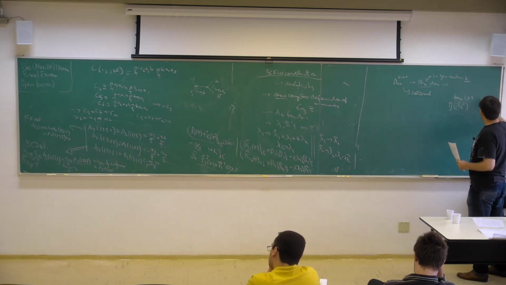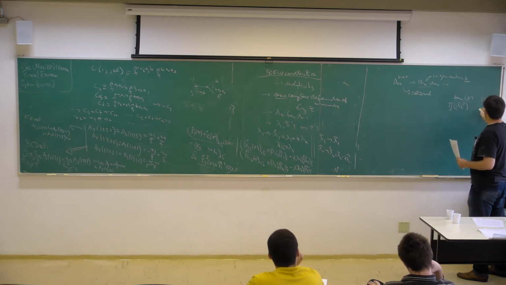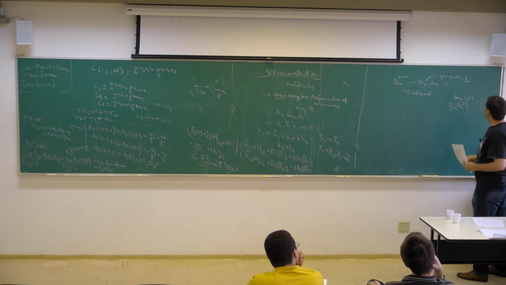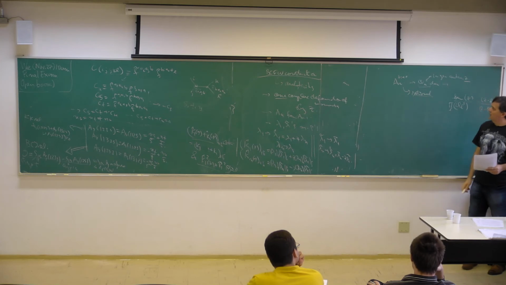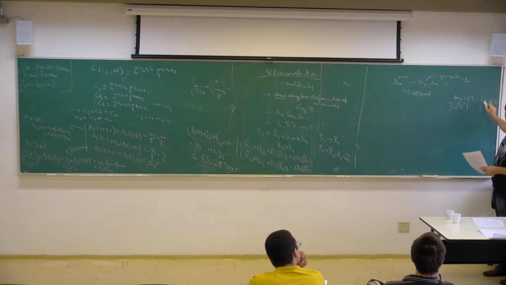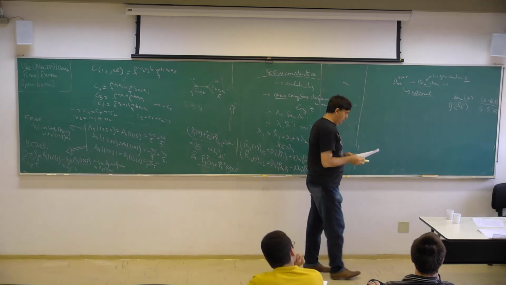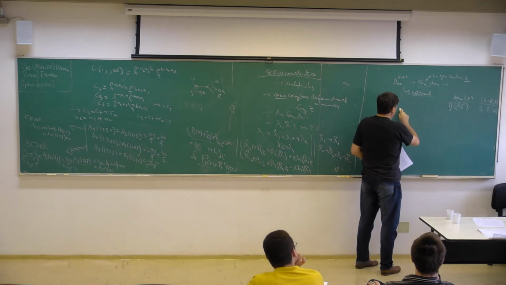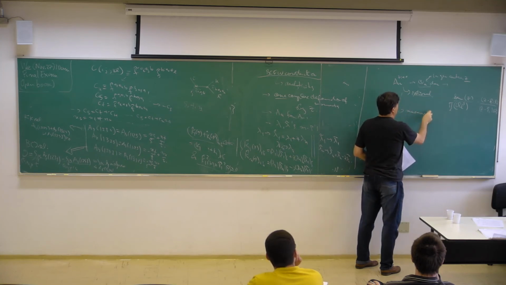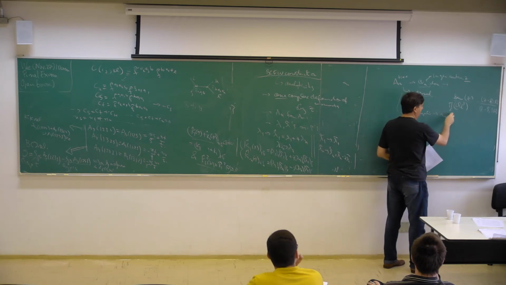So this would be things like z minus z1, up to z minus zn, and here z minus some other z tilde 1, up to z minus z tilde n, right? So, all in all, the amplitude will be a rational function of z. Rational means just products of z minus z_i's. And such a function, by definition, is meromorphic, which, as I said, means analytic except poles.